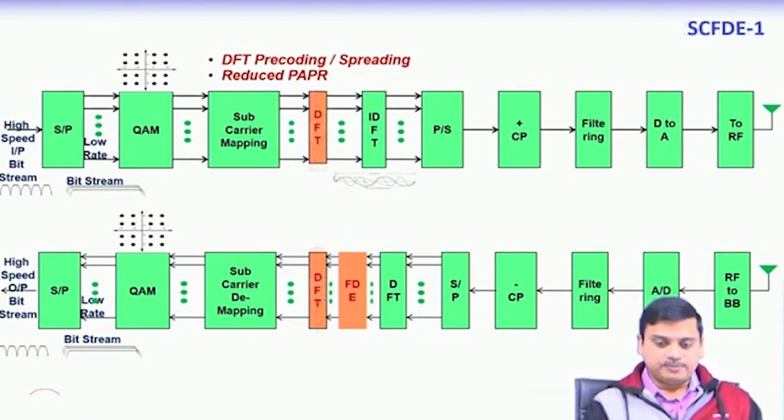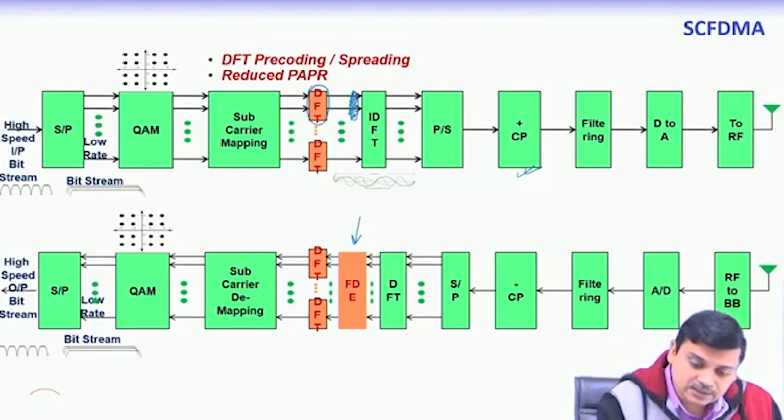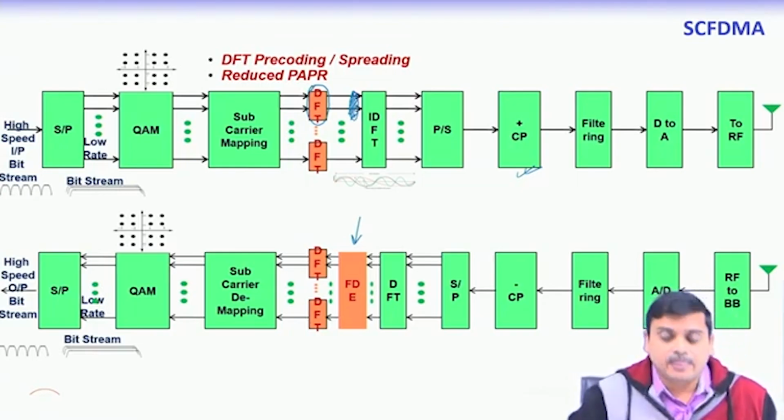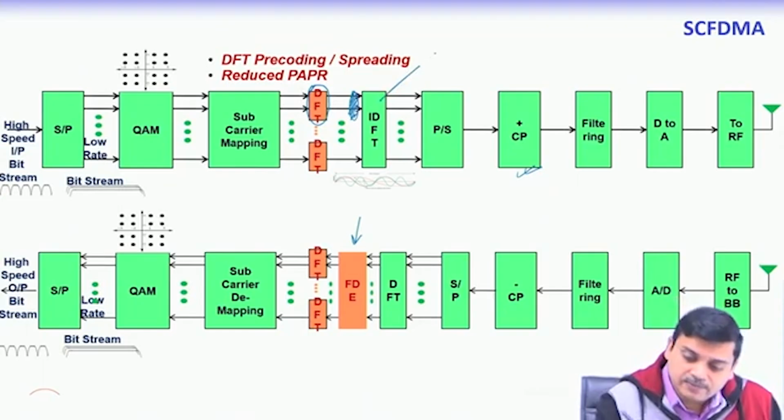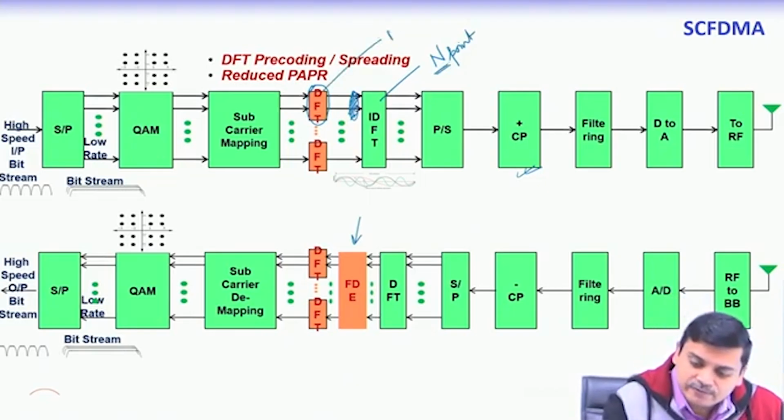Now, moving beyond, a very interesting thing one can think of is to increase the size of the DFT. We said there are N points in the IDFT, and let this DFT be of M points.